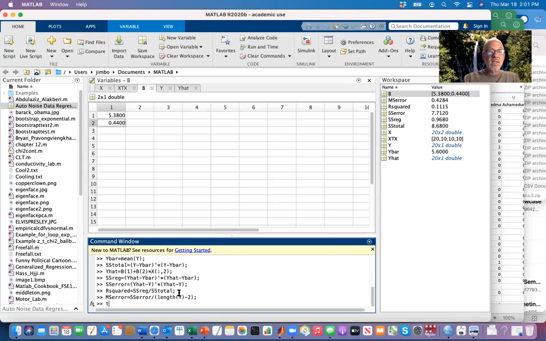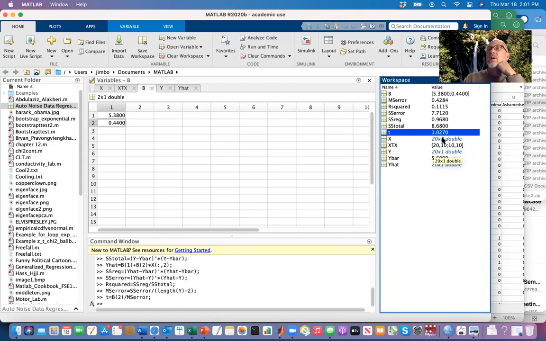And now I can say t is equal to B2 divided by the square root of MS error. I get a t value, 1.02, pretty low. And I can then compare that to the critical value, using ICDF, or I can look it up in a table. It turns out it's not significant.